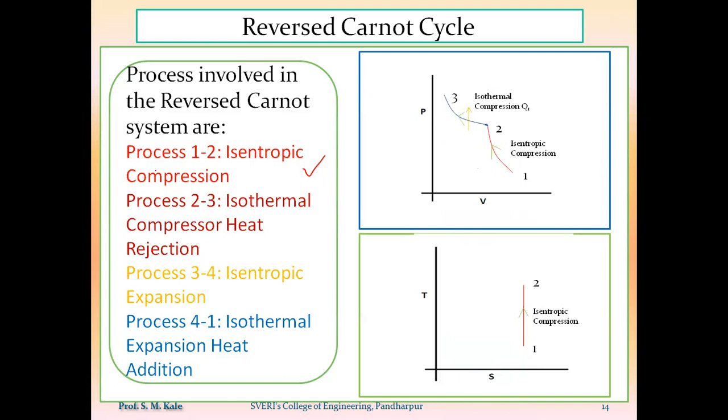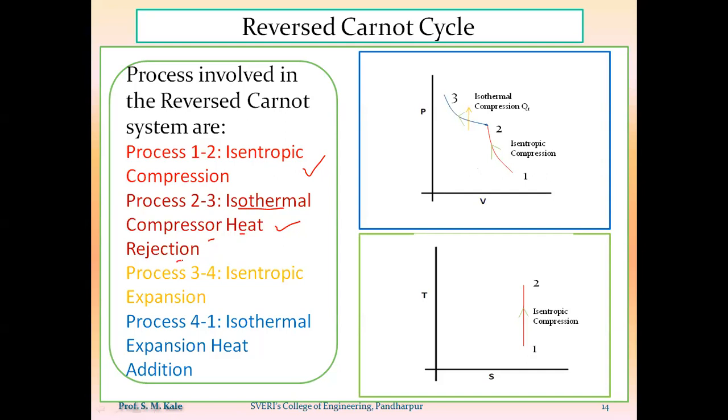The next process is the isothermal compression heat rejection process. The word isothermal indicates constant temperature, compression indicates increasing pressure and decreasing volume, and as heat rejection is there, entropy will go on decreasing.